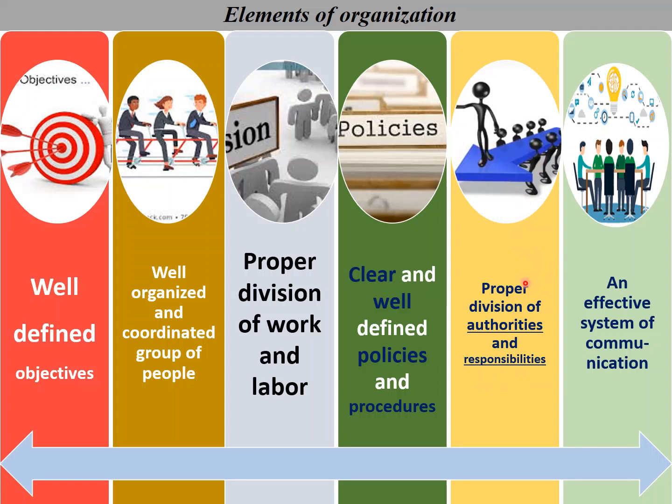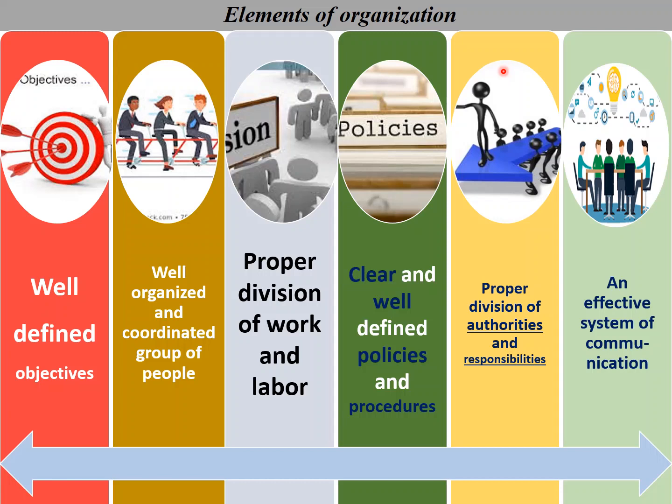And lastly, an effective system of communication must be there, whatever the communication system, the new SAP or whatever developed tools they have to use. These are the elements of organization.